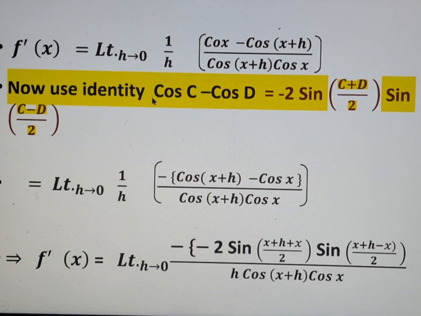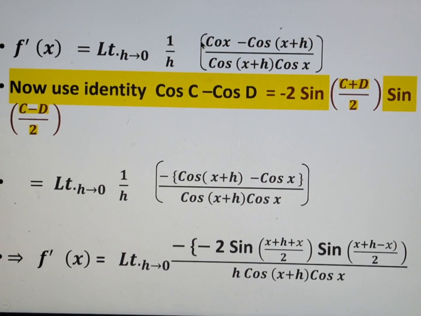Now use the identity cos C minus cos D is equal to minus 2 sin (C+D)/2 into sin (C-D)/2. Now first taking out minus common from the numerator, we get limit h tends to 0 of 1 over h into minus in bracket [cos(x+h) minus cos x] over cos(x+h) into cos x.